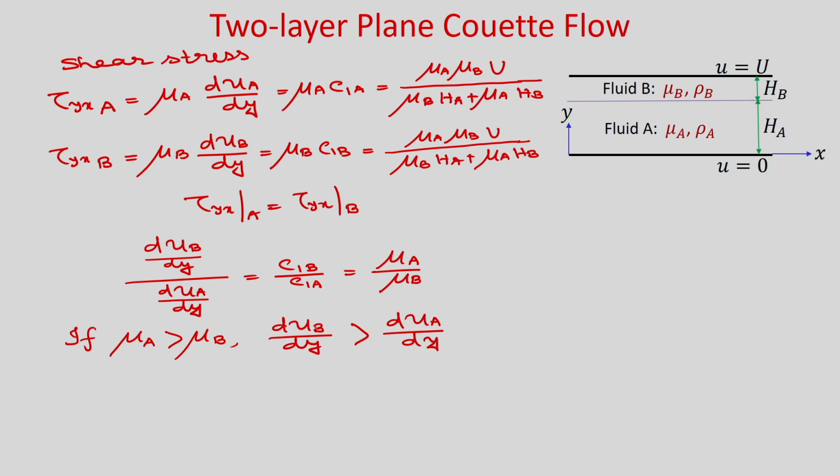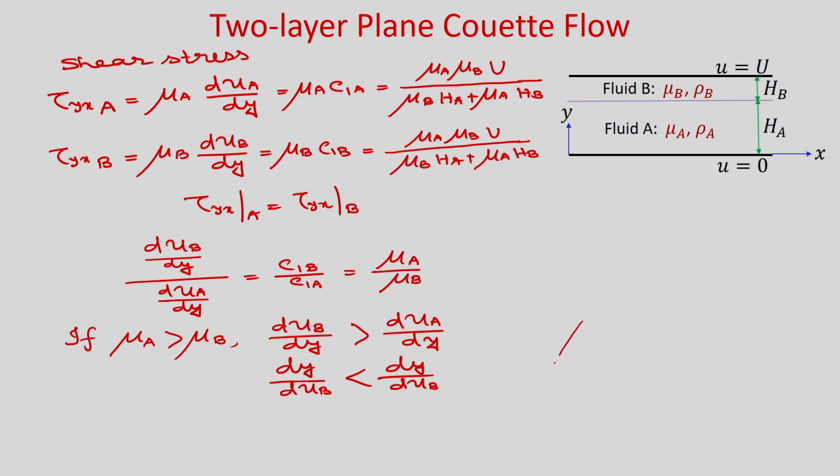Okay. So, obviously you can see that the fluid velocity is linear inside each fluid domain, so the gradient will be constant in the entire fluid domain. So, obviously you can write dy by du_B will be less than dy by du_A.